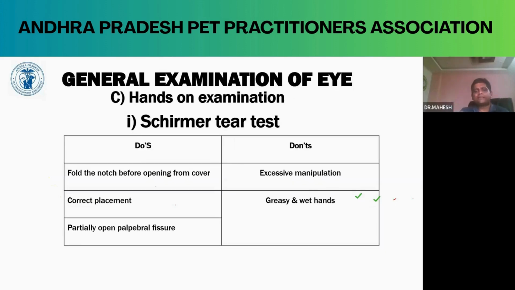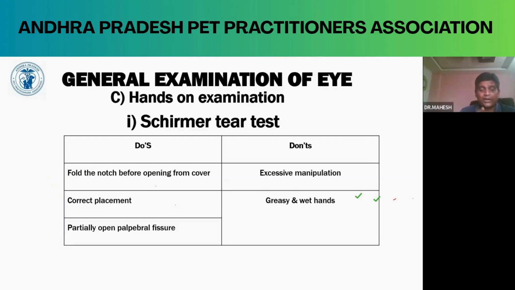So what are the do's and don'ts? One of the do's is that you have to fold the notch before opening the cover. That means whenever the strip is present within the cover, you fold that notch, because it will avoid contamination of the strip. Then the correct placement, which I have already explained, where you have to put it and the reason why we place it at that particular position.